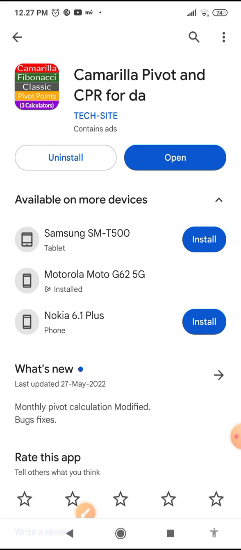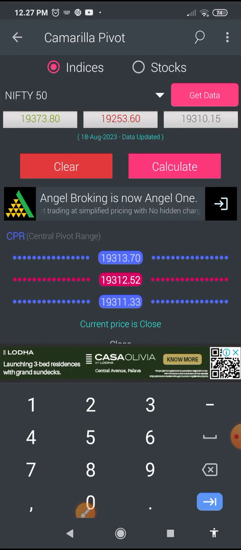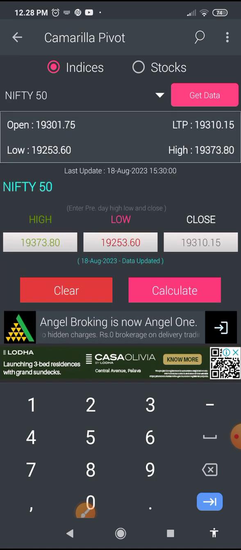So since I have already downloaded it, I'll open it. Now see, I have opened the Camarilla levels app. Now in this you will find that you can get Camarilla pivot levels for indices and for stocks also. Now for Nifty 50, the first thing which you see at the top is Nifty 50. Now if I tell it to get the data, you don't have to type anything.